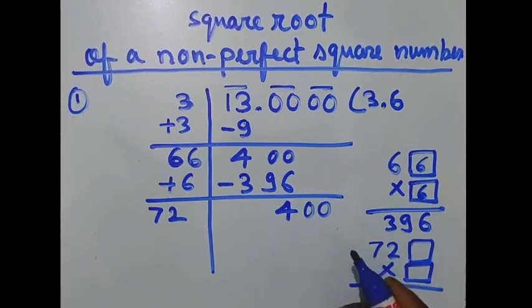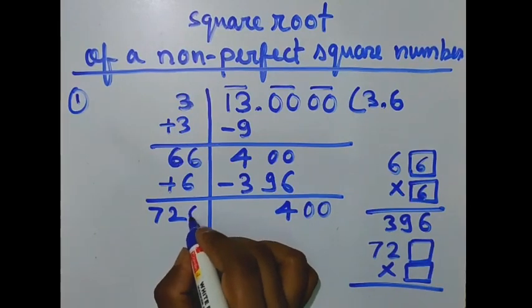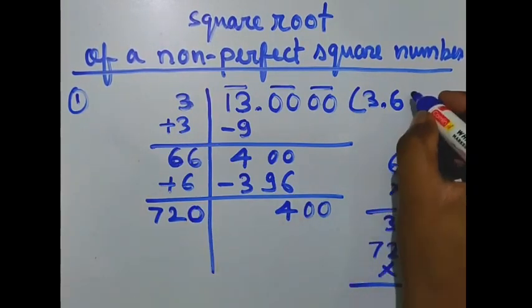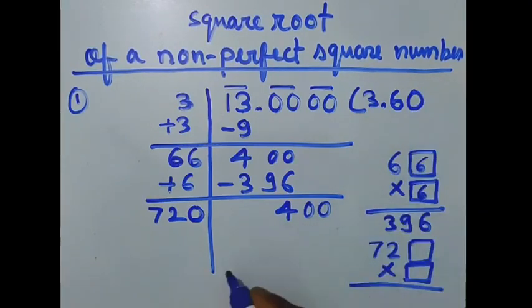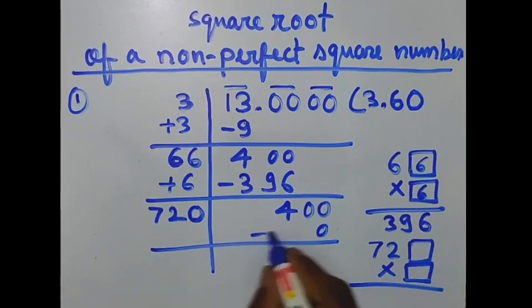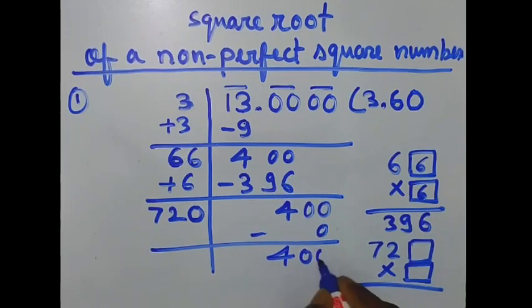So there is no option available, so we have to take 0, because if I take 1 it will be more than that. So 720 times 0 will give us 0. We subtract, again it will be 400. Now if I add, it will go on and on.